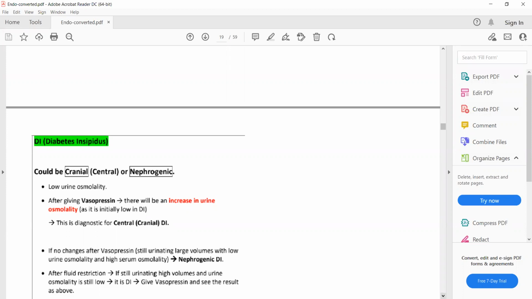In normal people, what will happen if fluid is restricted? If fluid is restricted, normal people will produce excessive ADH and their urine will be concentrated. In normal people, fluid restriction will result in a concentrated urine because of production of ADH, because when fluid is restricted, the body tries to conserve the water.